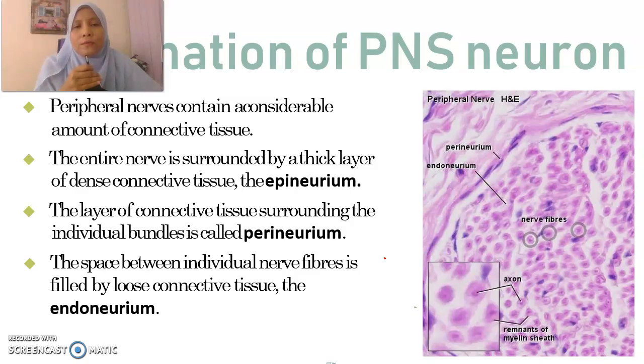Okay, so myelination of the PNS membrane. Actually, a peripheral nerve contains a considerable amount of connective tissue. We want to talk about one entire nerve. This nerve is surrounded by a thick layer of dense connective tissue.